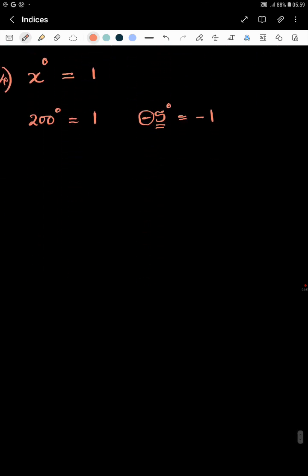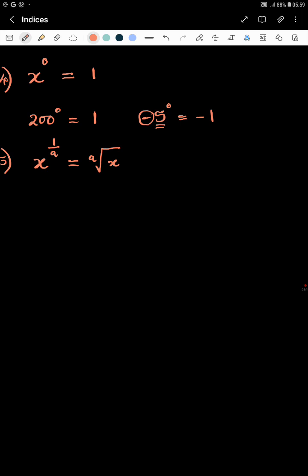Okay. Another law, we are saying x to the power 1 over a is the same as finding the a-th root of x.